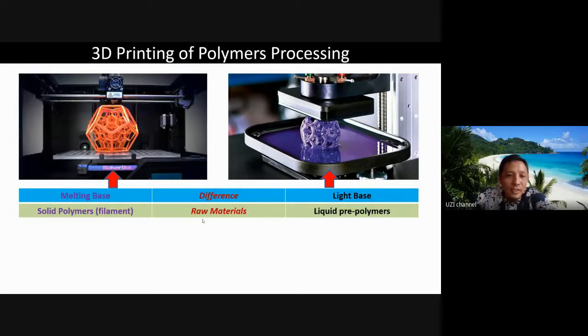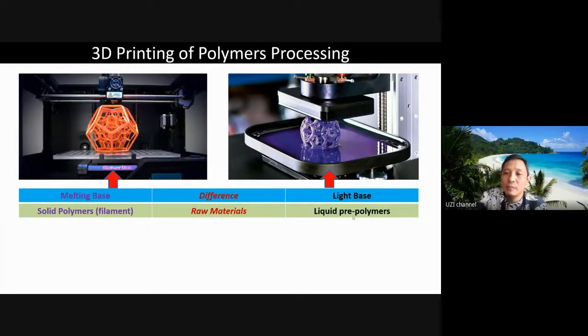For the raw material, this one uses solid polymer. We set this filament, so the filament is inserted into this part, and we have a nozzle here. But here there is no nozzle, because the raw material is liquid.